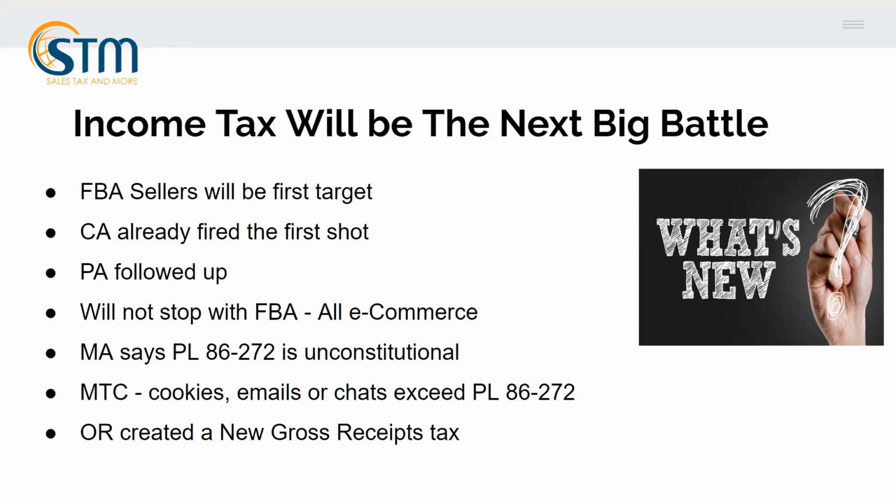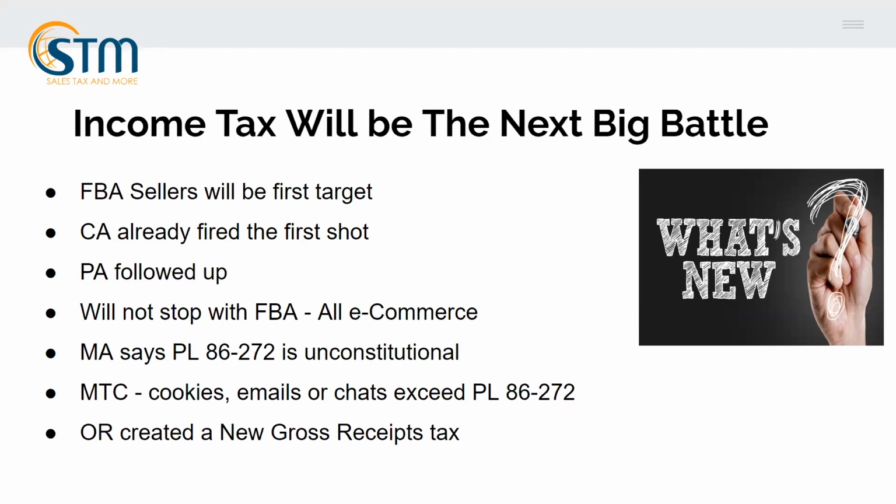A couple reasons why. Number one, Massachusetts thinks PL 86-272, a protective federal law passed by Congress back in 1959 that protects companies from taxation on interstate commerce under certain circumstances, is, in light of Wayfair, unconstitutional.